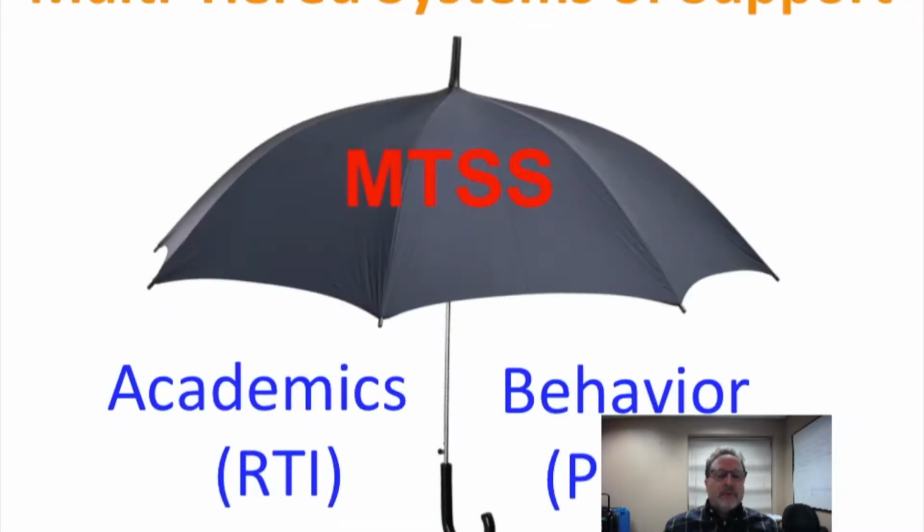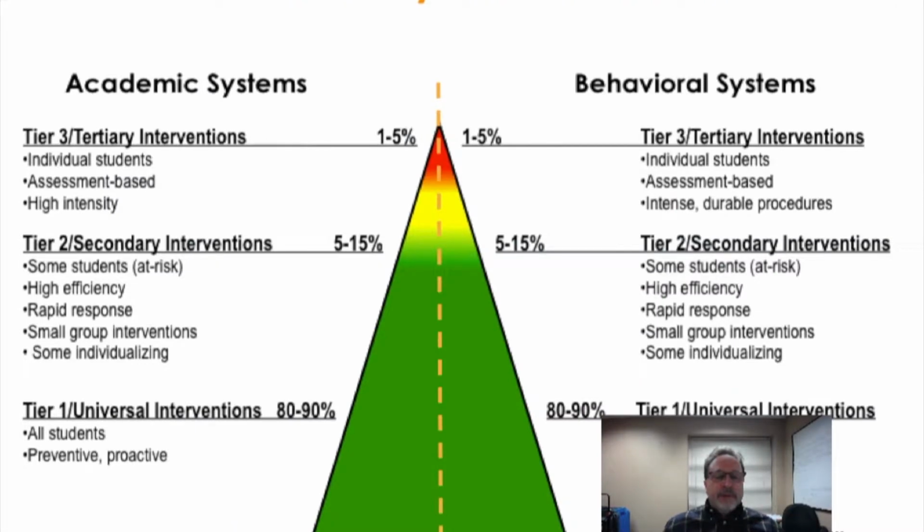So to go back and review just broadly, multi-tiered systems of support include academics and behavior, and you've been learning all about those two domains within MTSS over the course of this course. If we take a little bit closer look, academic and behavioral systems really mirror one another in the three-tiered model, with that first tier, Tier 1, focusing on universal supports and interventions.